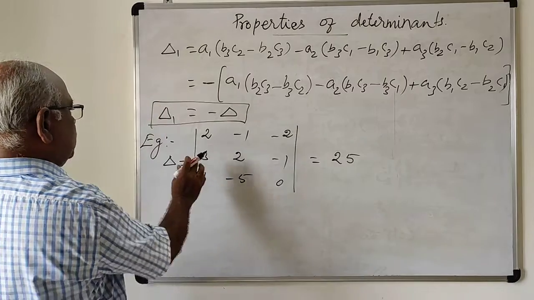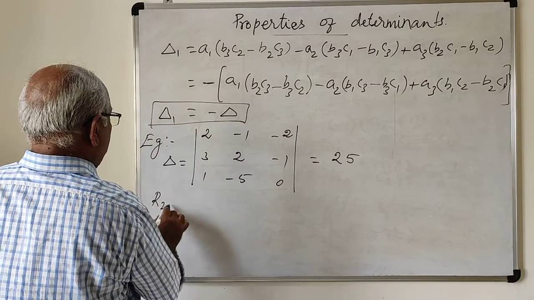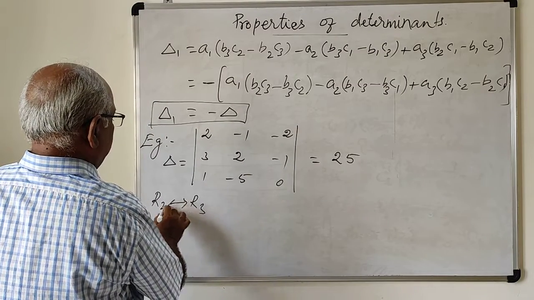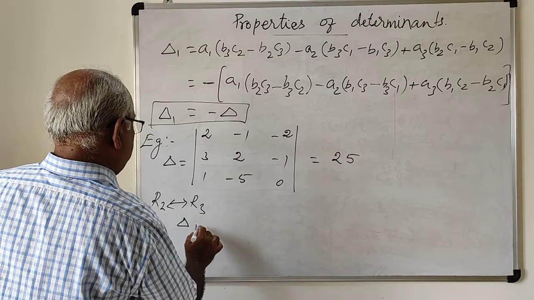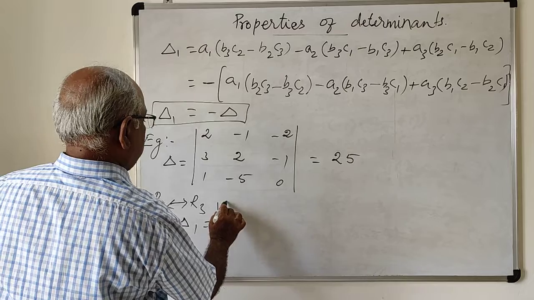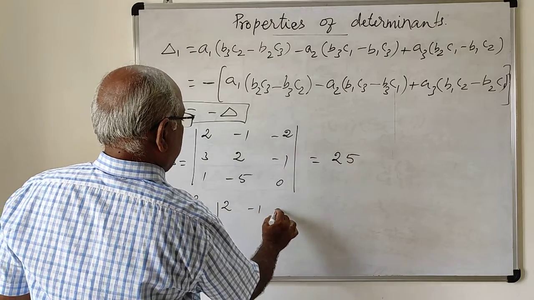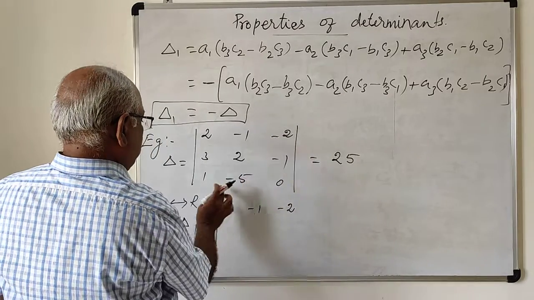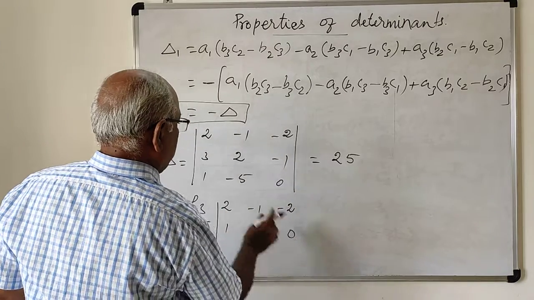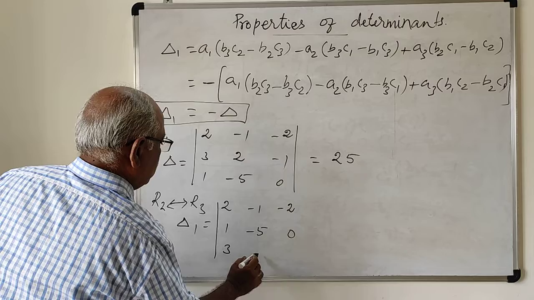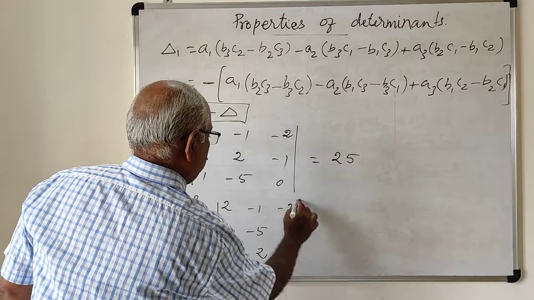Now by using this property, I am interchanging R2 and R3. Now delta becomes delta 1, which equals: first row as it is, 2, minus 1, minus 2. Third row becomes second row, 1, minus 5, 0. Second row becomes third row, 3, 2, minus 1.